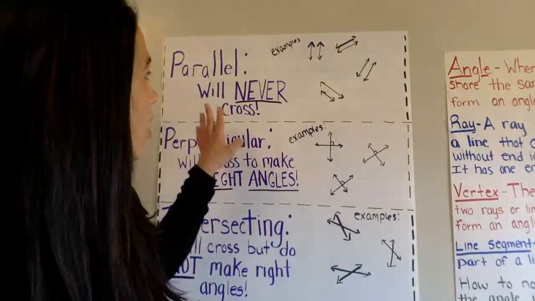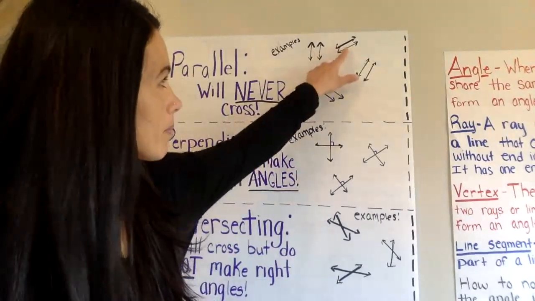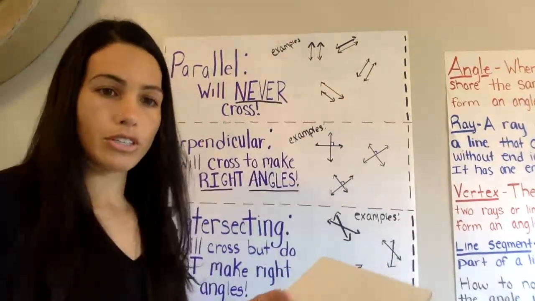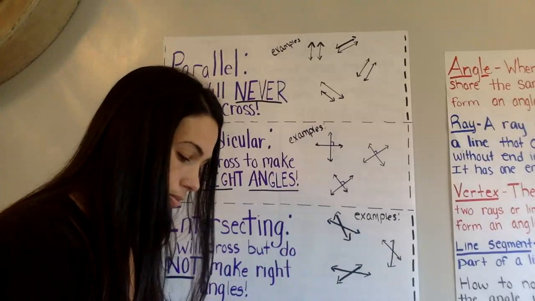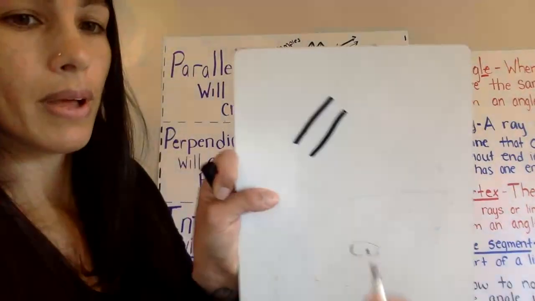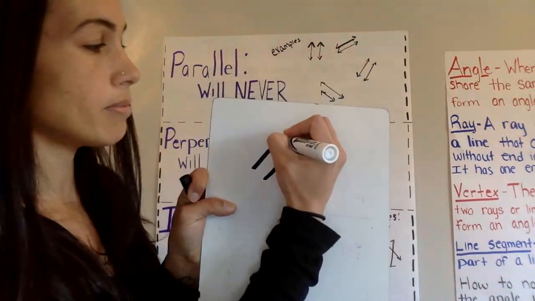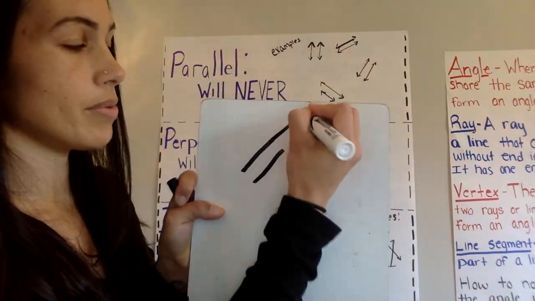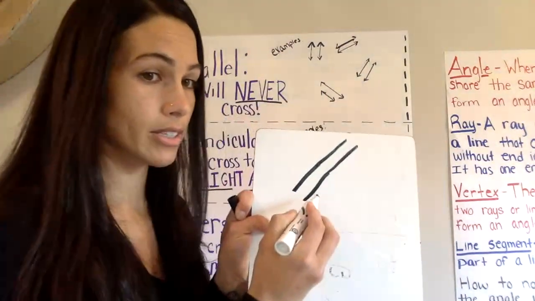Parallel lines are lines that will never cross. So as you can see my examples, I'm going to draw it so you can see it closer. My lines aren't as straight, but these 2 are parallel to each other. So if I kept going with these lines, continuing on, they will never cross, okay?